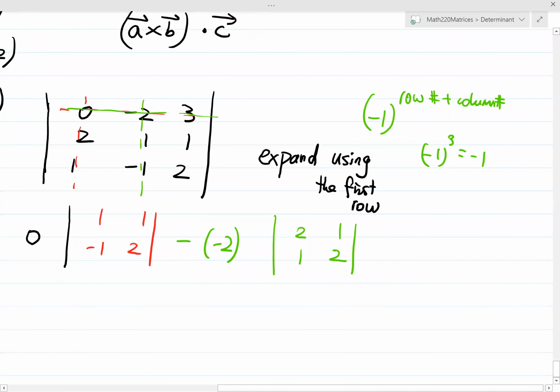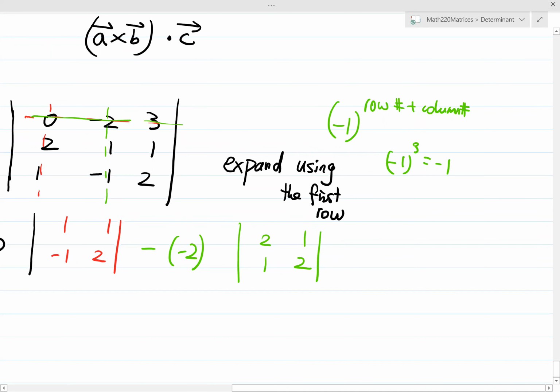And then for 3, it is in the first row, third column. Row number plus column number is 1 plus 3 is 4. So -1 to the power 4 gives 1, so we get plus 3.